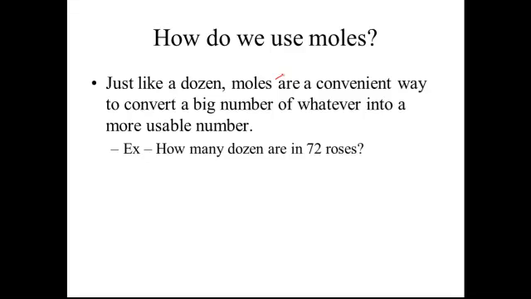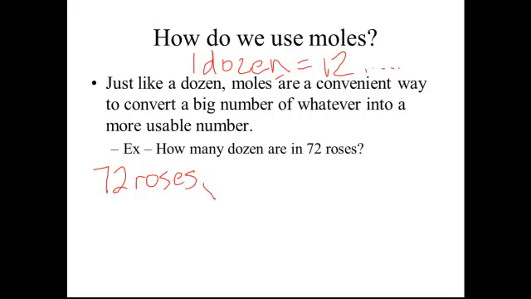We know that our conversion here is that 1 dozen equals 12, and I'm going to just put ... That means 12 whatever of something. So if they want to know how many dozen are in 72 roses, we're going to start with the information that they give us, 72 roses, and then we need to cancel roses, and they want to know dozen. So what is our conversion from dozen to, in this case, roses?